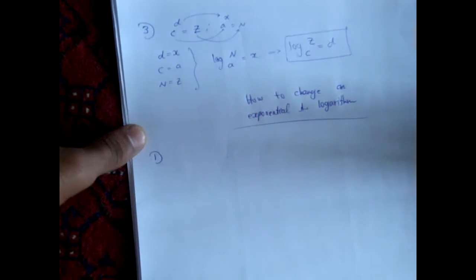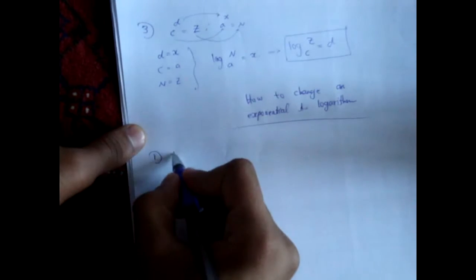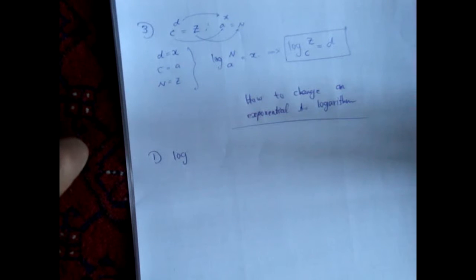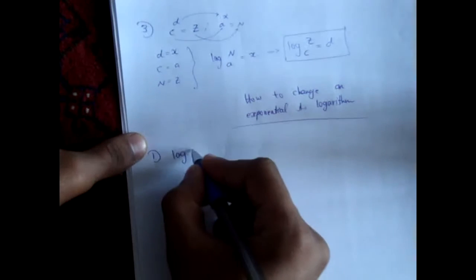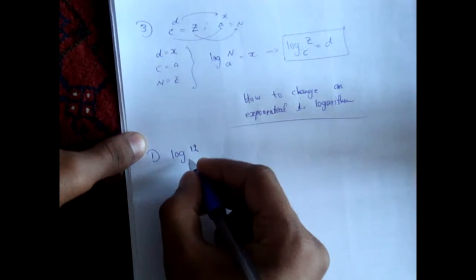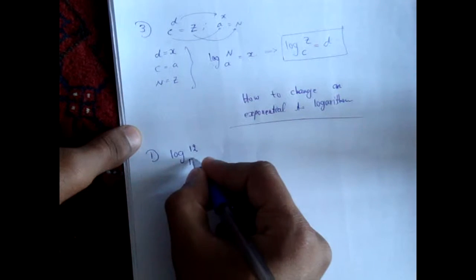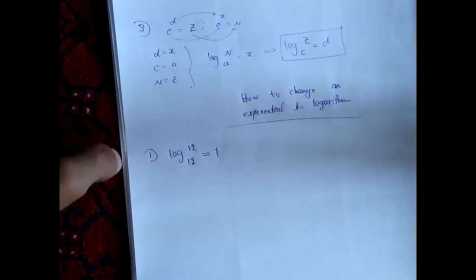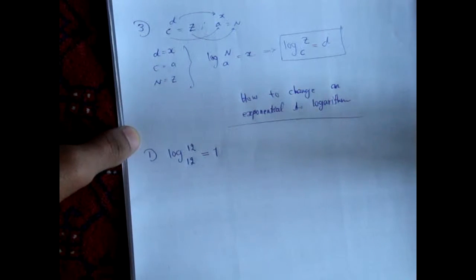Example number 1. If I have a logarithm base 12 of 12 equals to 1, and I want to change this to exponential form.